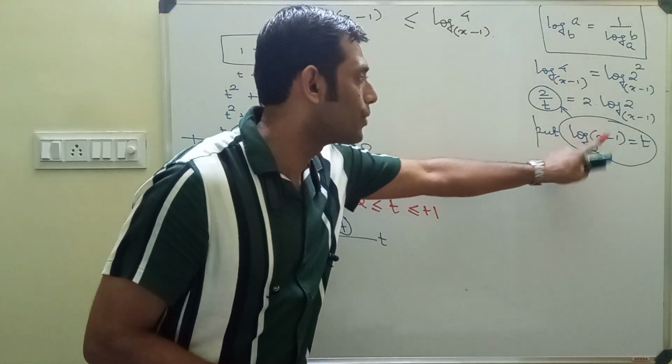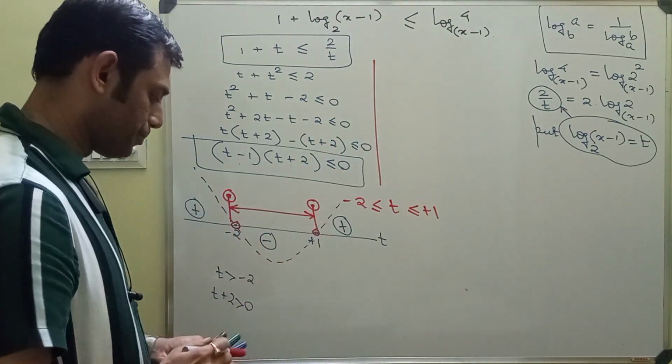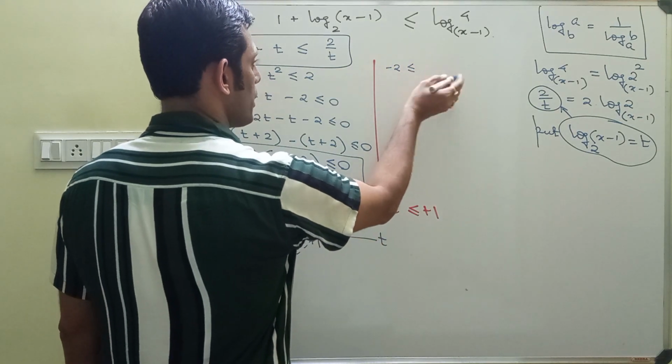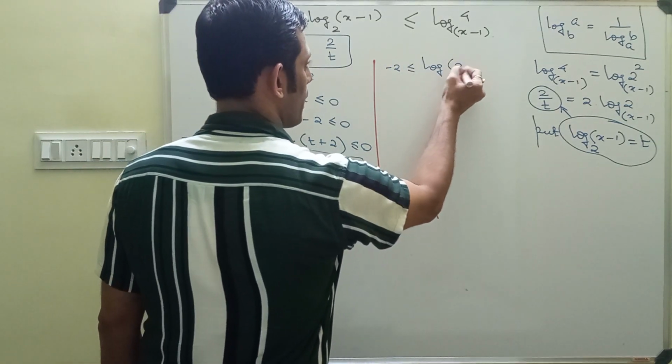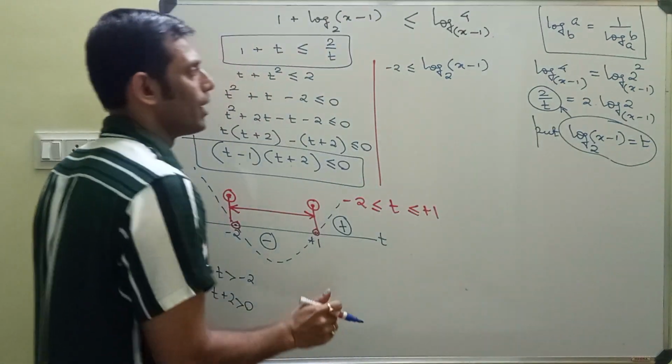Let's take the values of t from here and replace for the inequality, and we will get something like this. Minus 2 less than or equal to log of x minus 1 base 2. Log of x minus 1 base 2 is the value of t.